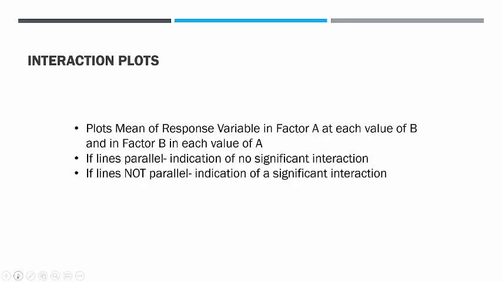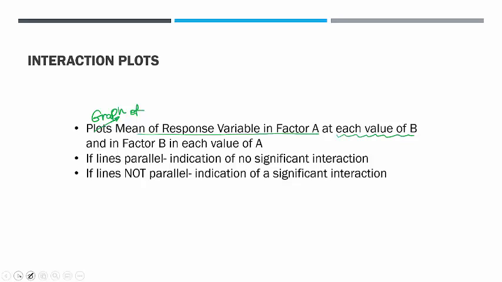And so we often construct what are called interaction plots. An interaction plot is a plot or a graph of the mean for the response variable in factor A at each different value of factor B, and vice versa.